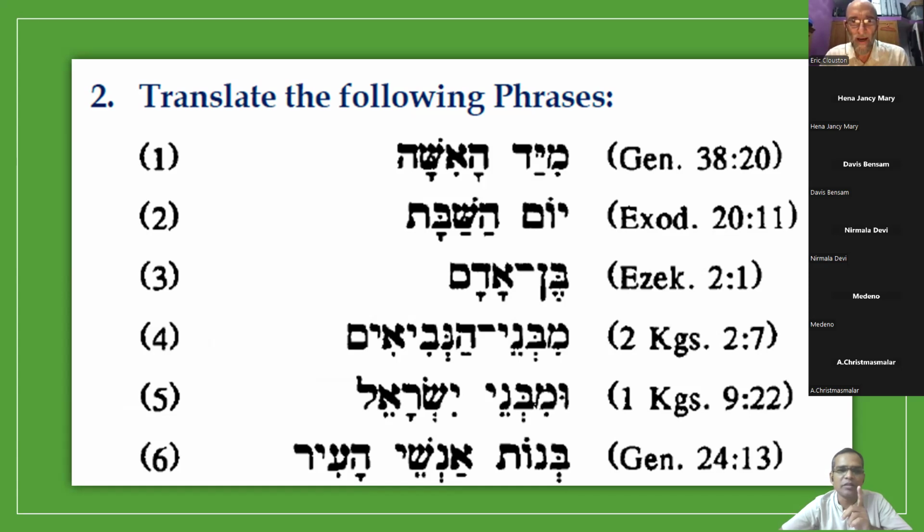So according to you, the first noun is in the construct state, right? Yom is in construct state. How do you know that? Only because the two nouns are together. Yeah. But there are some other rules which we have learned.